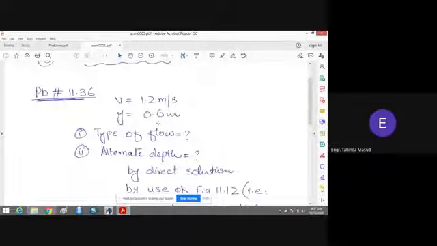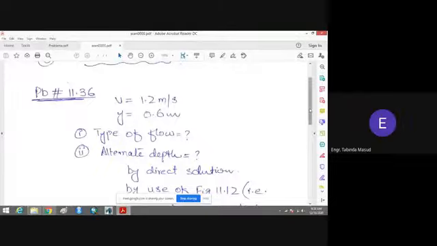The second method is to find the Froude number. If the Froude number is less than 1, then the flow will be subcritical. If the Froude number is greater than 1, then it will be supercritical. So you have two methods to find the type of the flow.